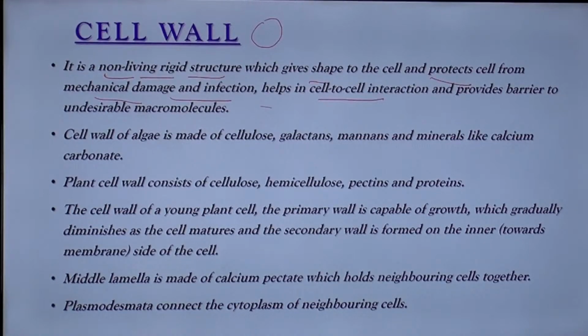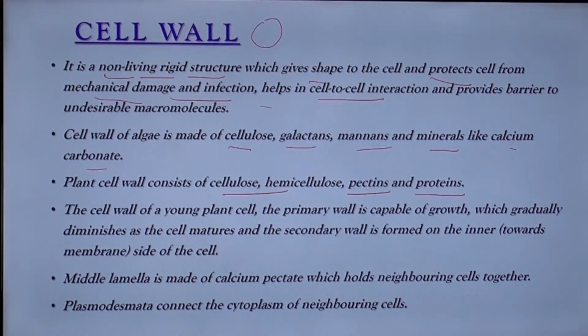So this is the cell wall, and the cell wall of algae is made up of cellulose, galactans, mannans and minerals like calcium and carbonate. And in plant cells it consists of cellulose, hemicellulose, pectins and proteins.